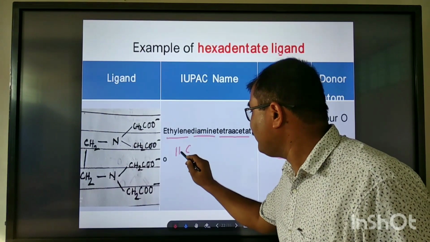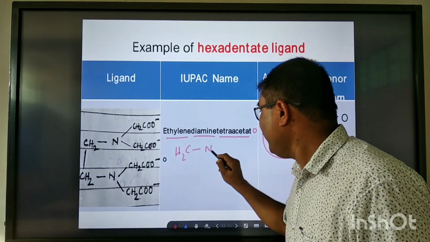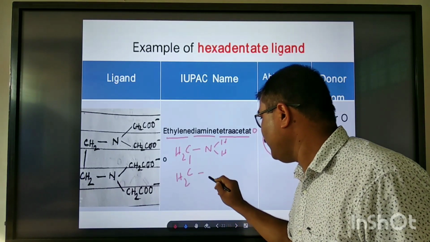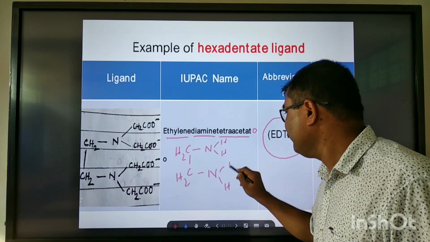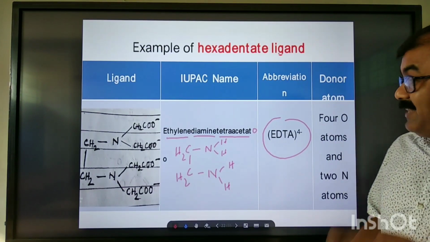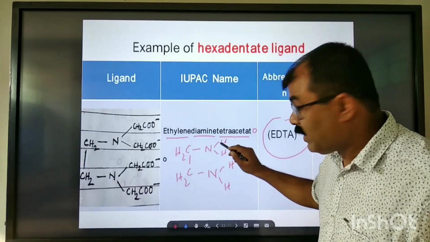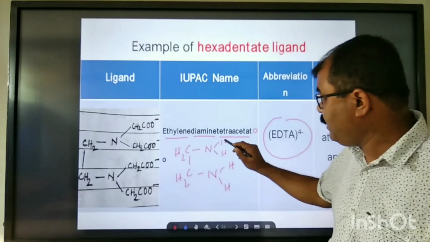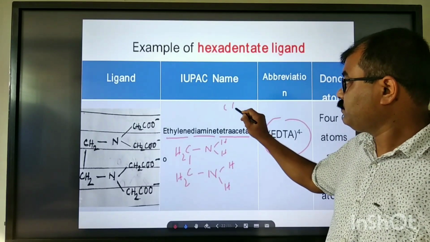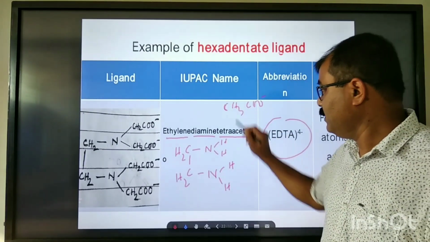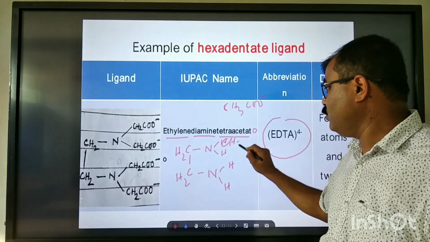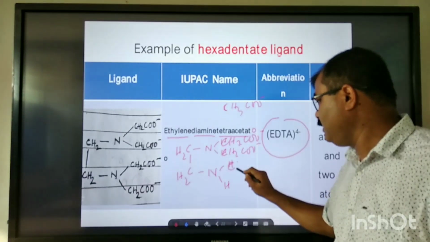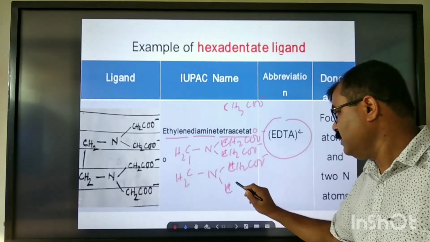Ethylene diamine structure is CH2, NH2 here, then CH2, NH2. This time, in ethylene diamine, whatever 4 hydrogens are attached to the 2 nitrogens, all will be replaced by what? Acetate ion. CH2COO minus, CH2COO minus, CH2COO minus, CH2COO minus.